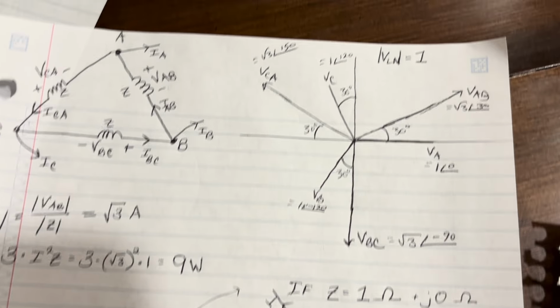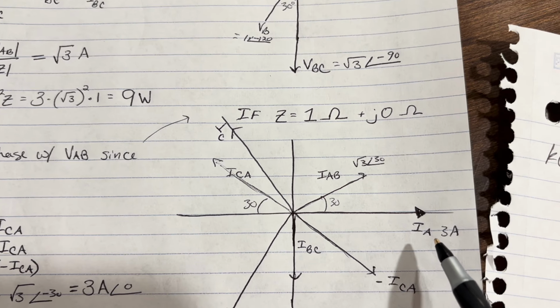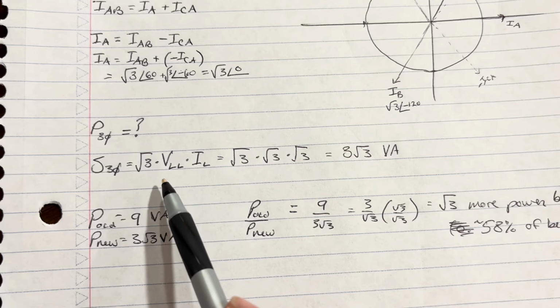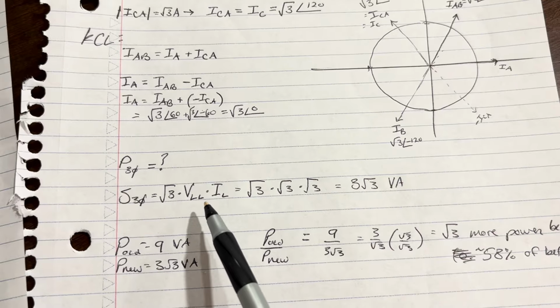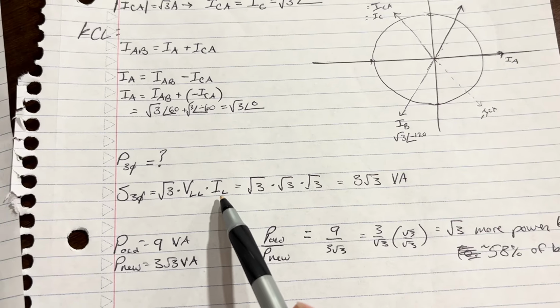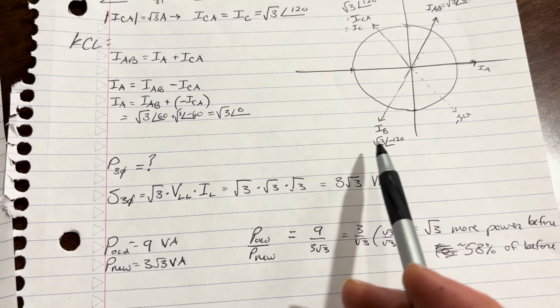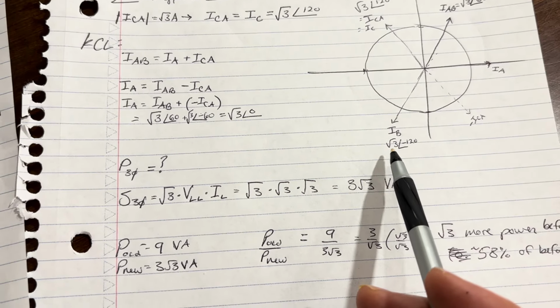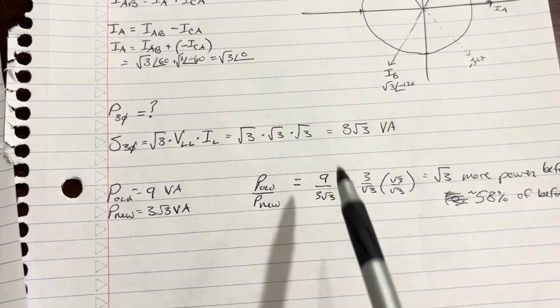Before, our line-to-line voltage was square root of 3 and our line current was 3 amps. What do we have now? Line-to-line voltage is the same as before, square root of 3. Our line current is not 3 amps anymore. We just said it's limited by the generator, so it's a square root of 3. So our total volt amps is 3 times square root of 3.